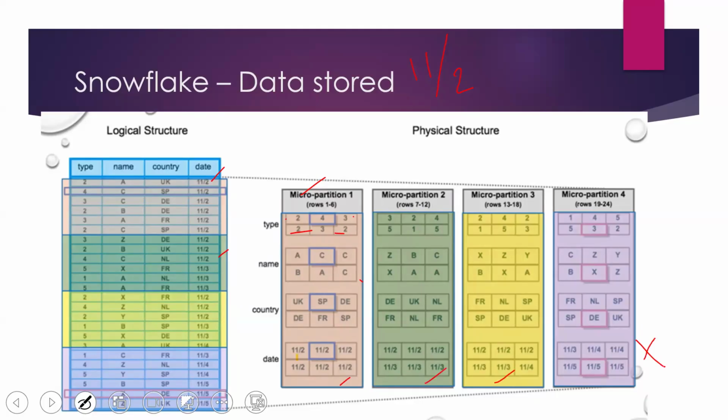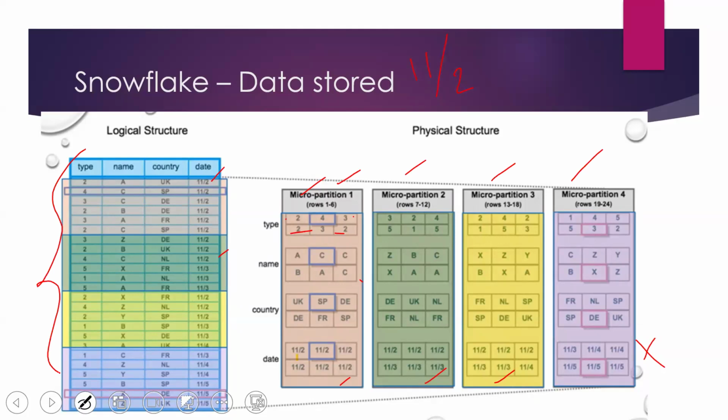Now, whenever you are executing the query, select star from table where date is equal to 11/2, if it is not Snowflake, it needs to scan all micro partitions, meaning it will scan all the data and pull those particular records. But in the case of Snowflake, there is a concept called pruning.